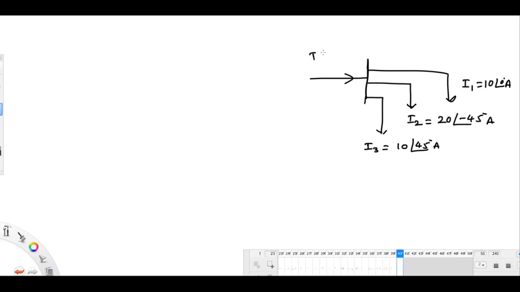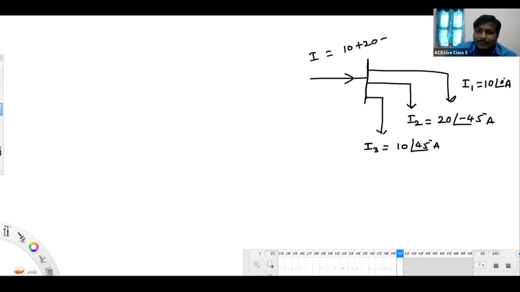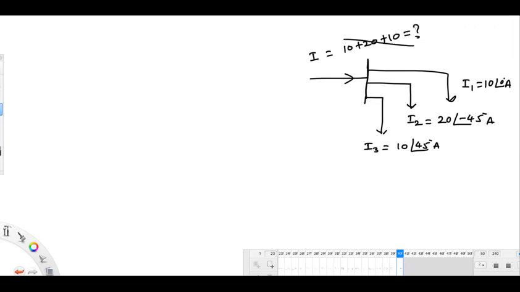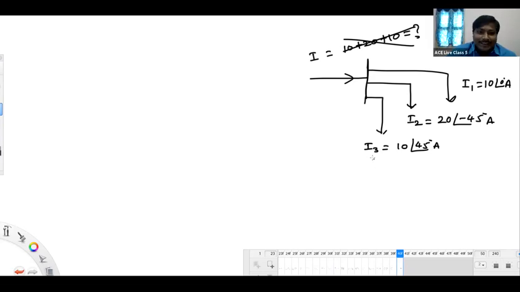What is the current supplied by the source? It is the phasor sum of I1 plus I2 plus I3. Can I write 10 plus 20 plus 10? No, sir, as it is AC, it should be a phasor. Actually, you should do the same for S also, the complex powers S1, S2, S3.